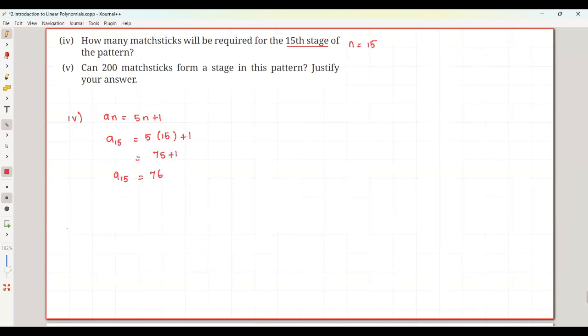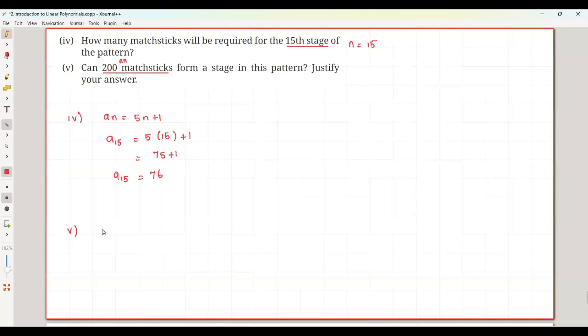Now the fifth question they are asking: can 200 matchsticks form a stage in this pattern? They are asking whether 200 will be part of this pattern. We consider 200 as an, and check whether it forms a pattern or not.